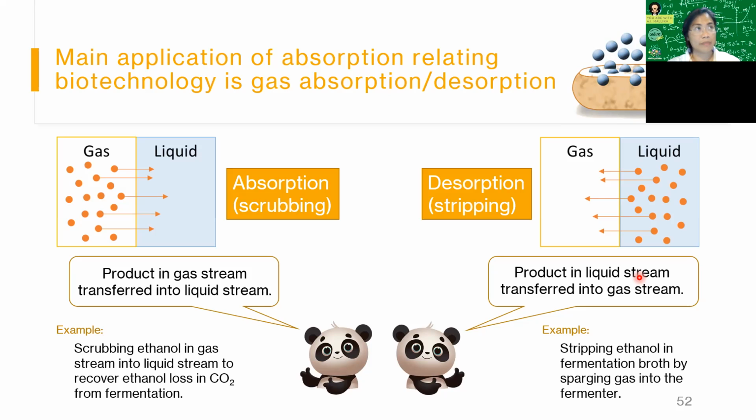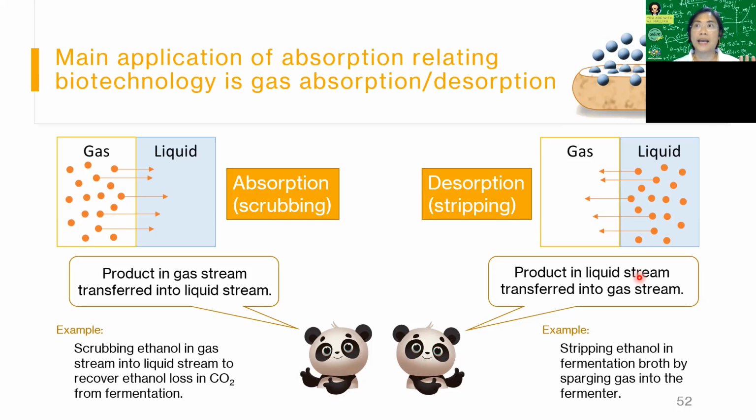One example that my colleagues do for their research is the acetone butanol ethanol fermentation, and they know that all these three things, the ABE, could inhibit the microorganism growth and the ability to ferment. So they have to find some way to remove those out.